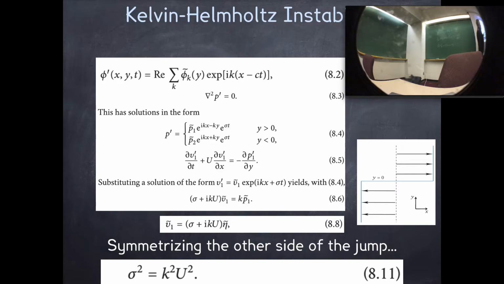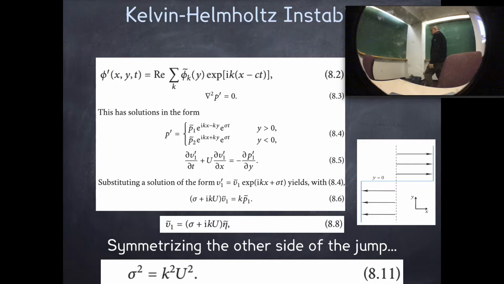So the next thing we want to do is linearize around this background state. The background state can be finite amplitude, but we want small perturbations from it. Okay? So small perturbations. So u equals U plus u prime.